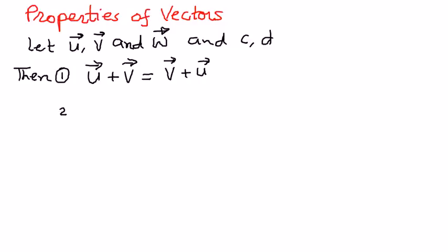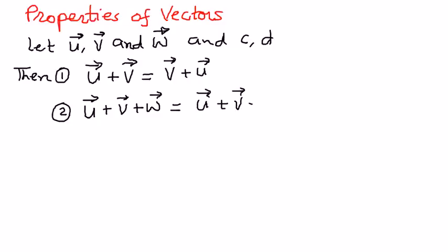The second property of vectors is if we have three vectors, vector u plus vector v plus vector w, no matter which way we combine them, the value is going to be the same. We'll pick some simple examples to show you how that is done.